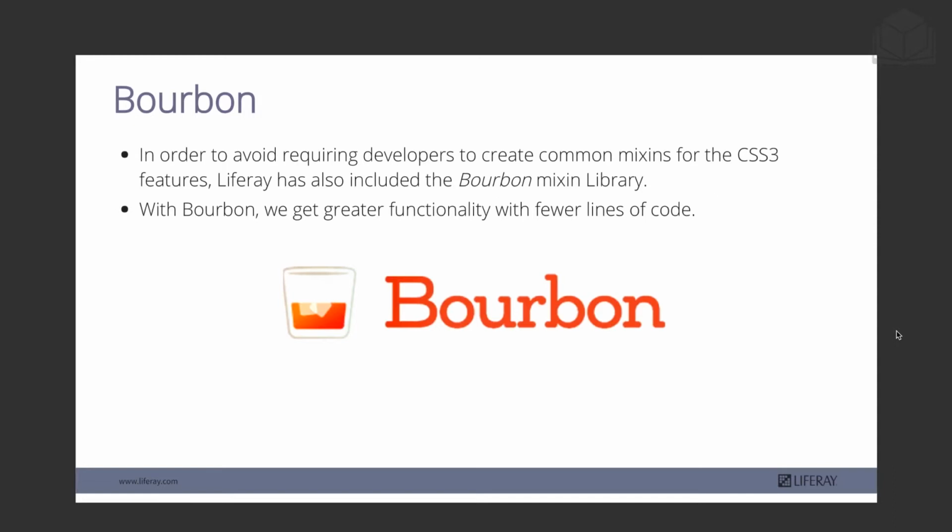So like I said, for all of the common CSS3 features, we do have a Bourbon mixin library available to us. Bourbon is what we can take advantage of within Liferay out of the box to basically run some of those CSS3 mixins. So it already has all of the mixins included.